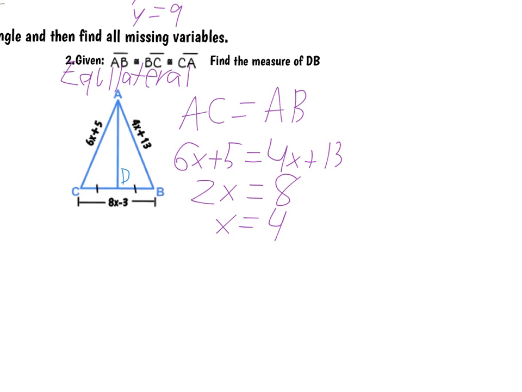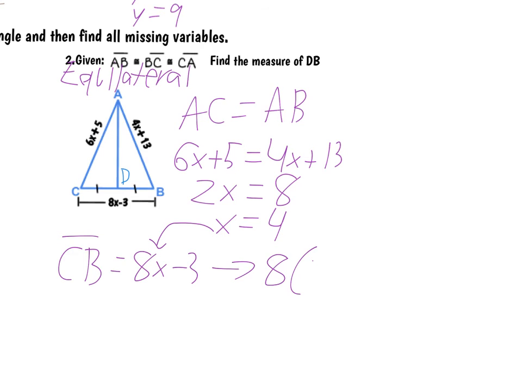Well, if x is equal to 4, we can find the length of CB. Say that segment CB is equal to 8x minus 3, which we plug in that 4, is going to give us 8 times 4 minus 3, 32 minus 3, or 29.